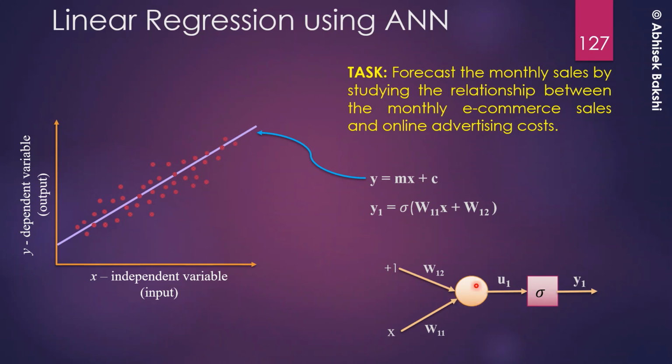We have a summer here. There is actually only one neuron in the input, that is x. And this is what you can call the bias. What we do is always keep the value of the bias as +1 conventionally.